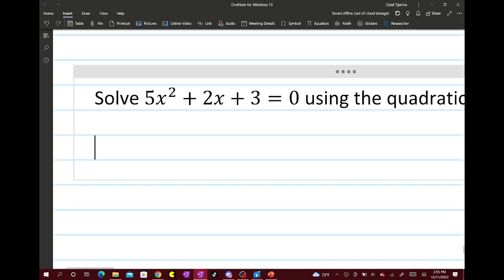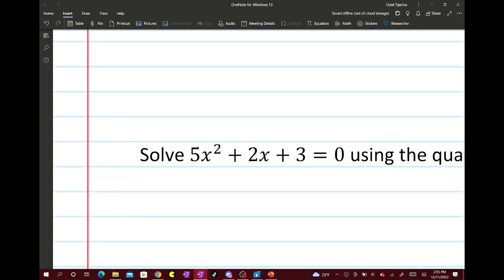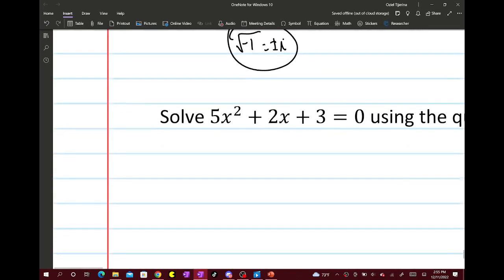There will be imaginary solutions. So it is the same thing that we did for the last example, but there is one little part. If you guys don't remember from my imaginary numbers video, the square root of -1 is plus or minus i. Okay, so we're going to use that to our advantage.